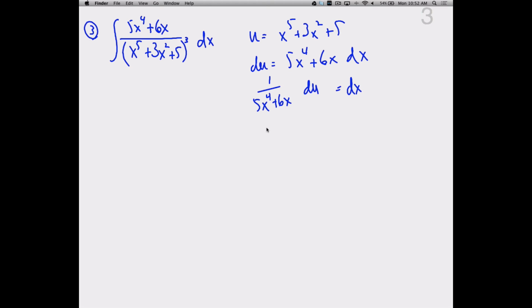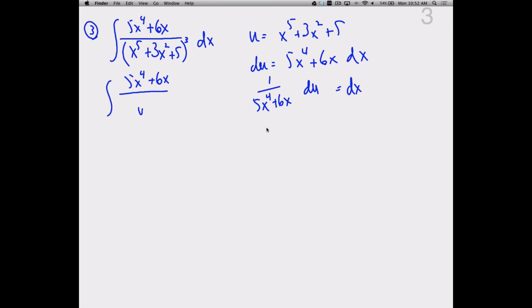And like I said, as you practice these more, you're not going to need the following step, but I'm going to do it anyways for those of you that are still confused. Many of you will recognize that this then becomes 1 over u cubed du. But if you don't, that's okay. So we do our substitution. I have nothing to substitute in here yet, so I'm going to write that up on top.